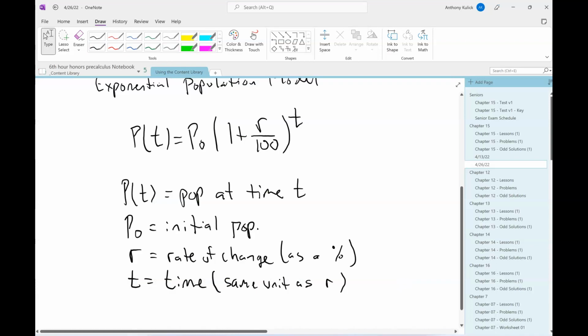Where P of t is the population at time t, P naught is our initial population, r is the rate of change written as a percentage, and t is the time, where the unit for t should be the same as that for r.